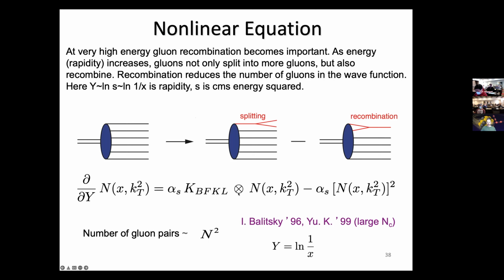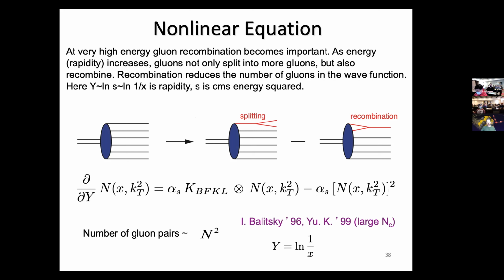The point is, one gets a nonlinear evolution equation like this. And then you see that when the number of gluons, n, gets sufficiently large, instead of just growing like they did for BFKL evolution, the quadratic term would sooner or later catch up, and it would compensate for the growth from the linear term.